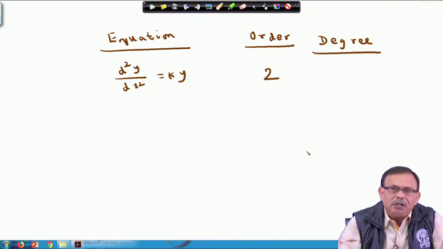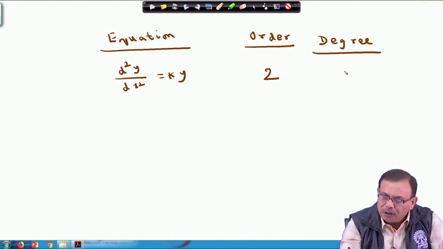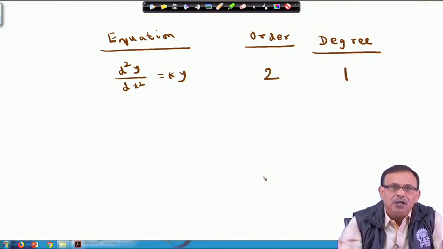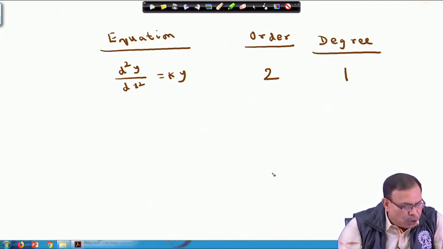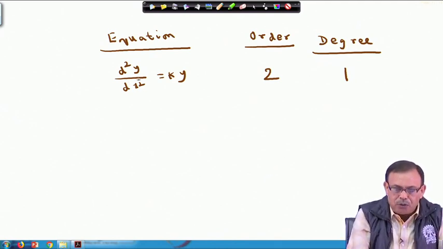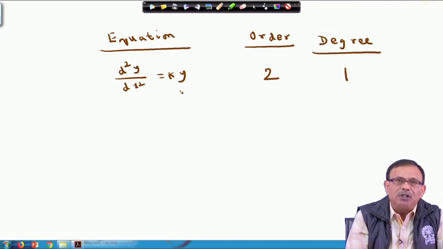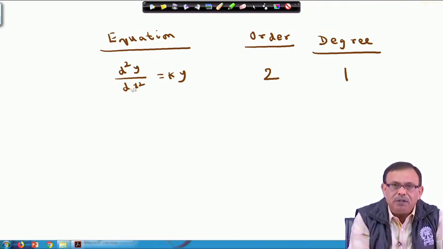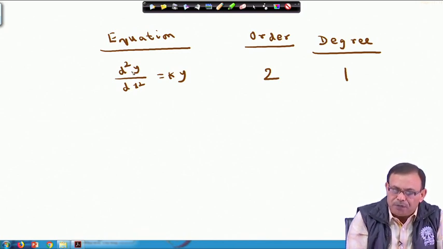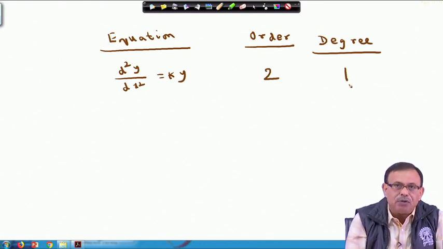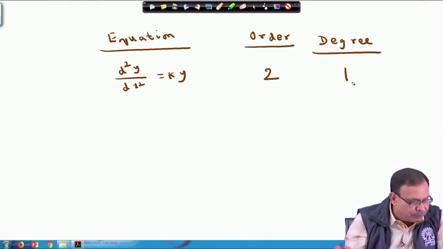And what is the degree of this highest order derivative? Degree is 1, no whole square or anything like that is involved. Therefore, the order of this equation will be 2 and the degree of this equation will be equal to 1.